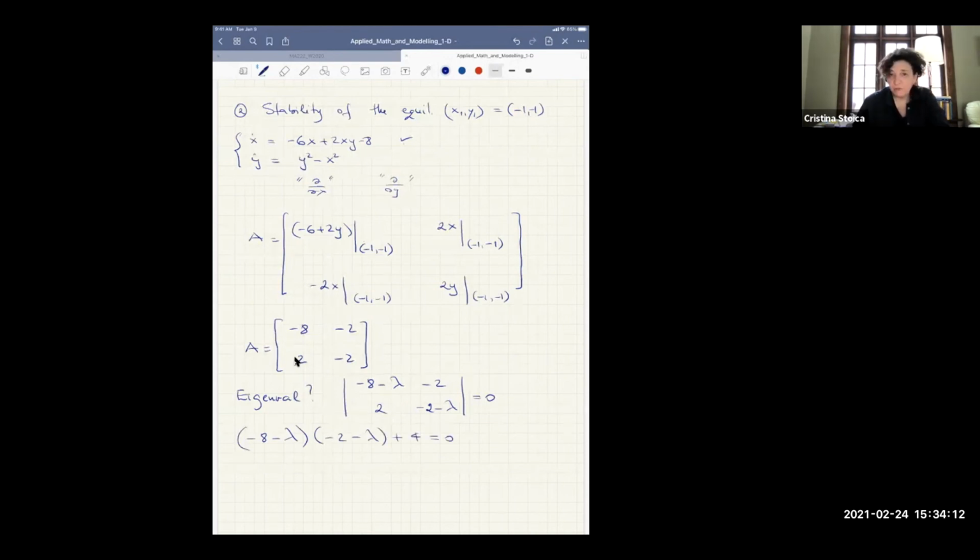That's my way to do it. Then we're going to discuss for 3 minutes the delta and the P and the Q, I guess. So this is lambda squared, and then we have 8 plus 2, that's 10 lambda, and then we have a plus 20. Yeah, that's what it is.